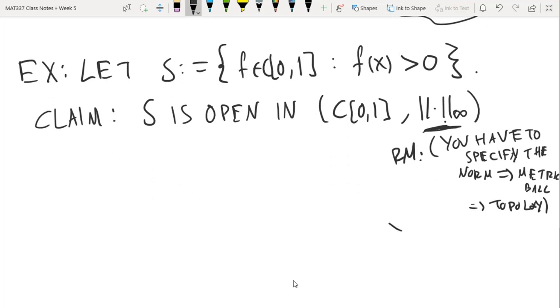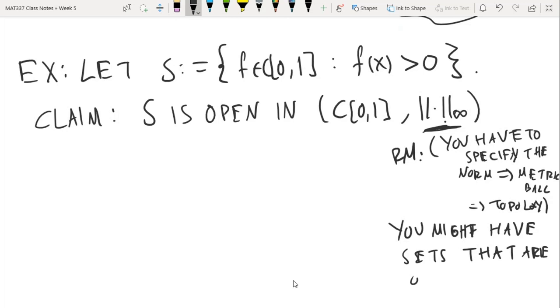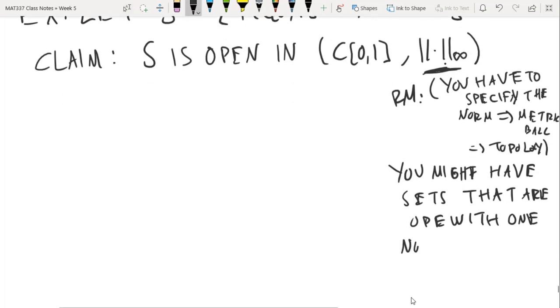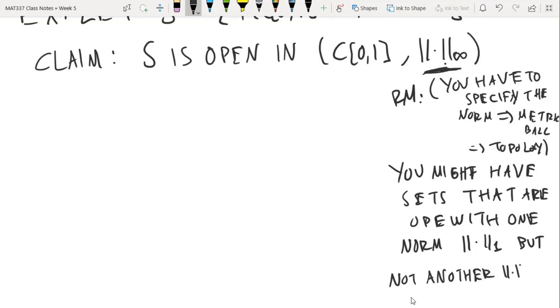So you might have sets that are open with one norm but not another. And I think we will do some today.